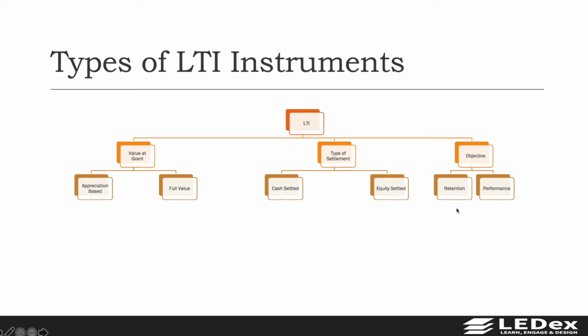Again, in terms of the objective that the LTI instrument serves to achieve, it could either be primarily on retention, or it could be primarily on performance, or it could be a combination of both.